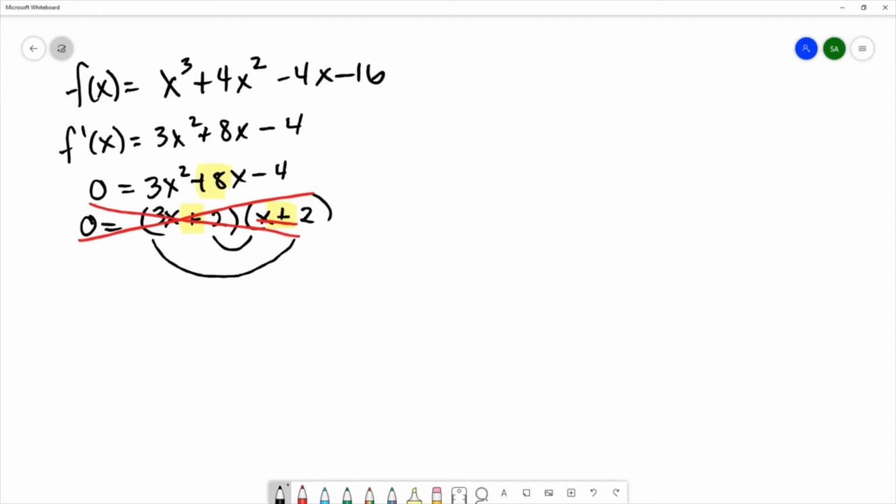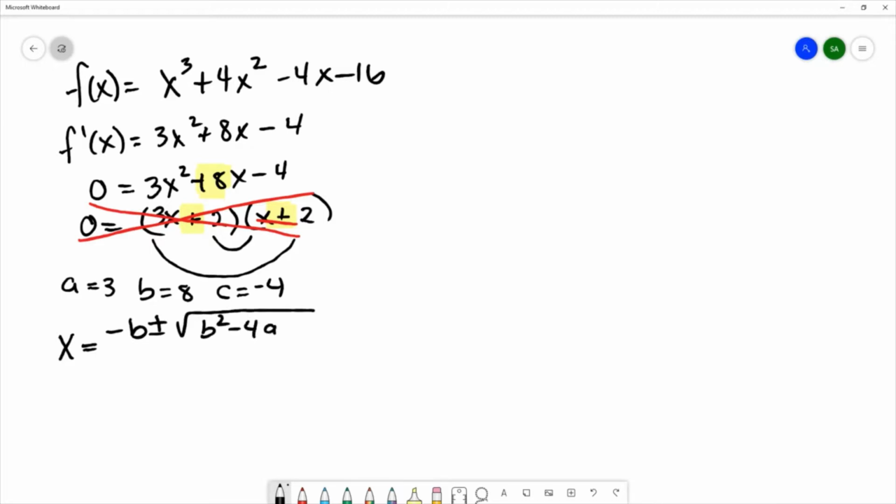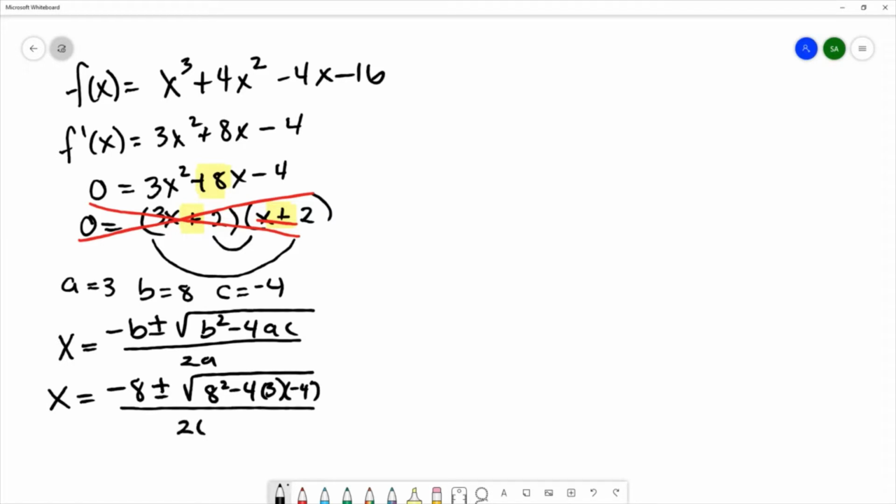And I'm going to go ahead and use the quadratic formula to find these critical numbers. So we're going to let A equals 3, B equals 8, C equals -4. x equals -b plus or minus the square root of b squared minus 4ac all over 2a. That's x equals -8 plus or minus the square root of 8 squared minus 4 times 3 times -4, all over 2 times 3.